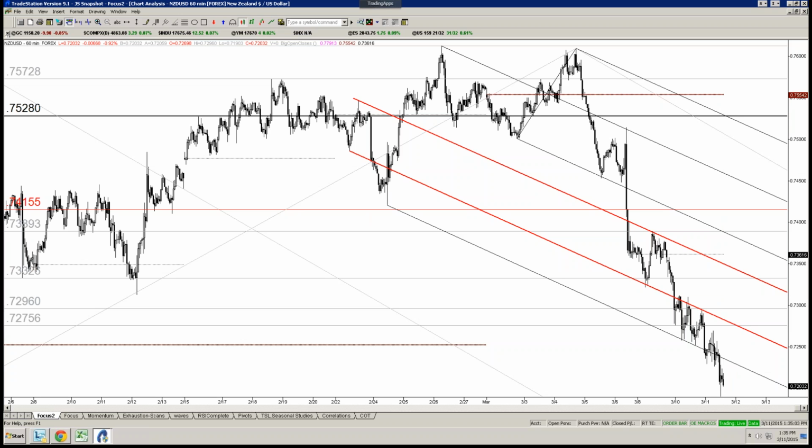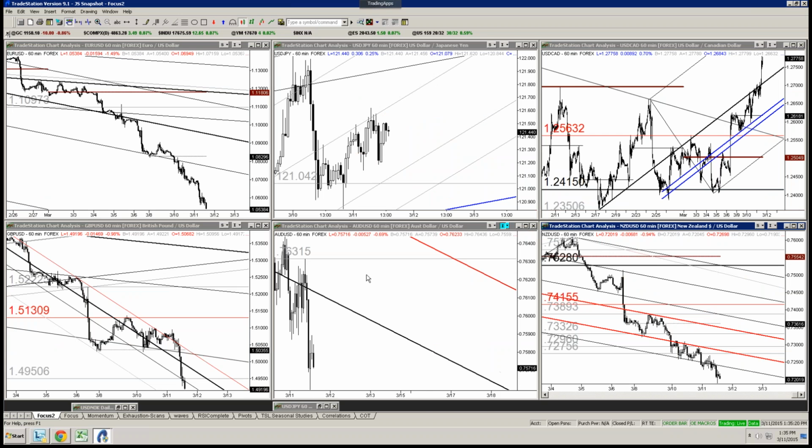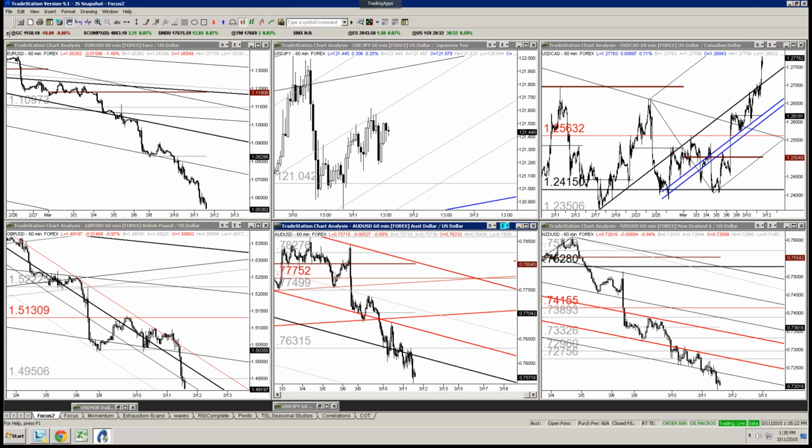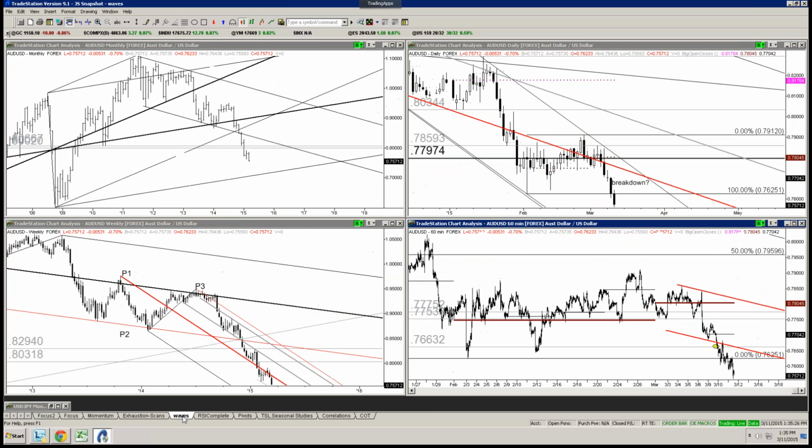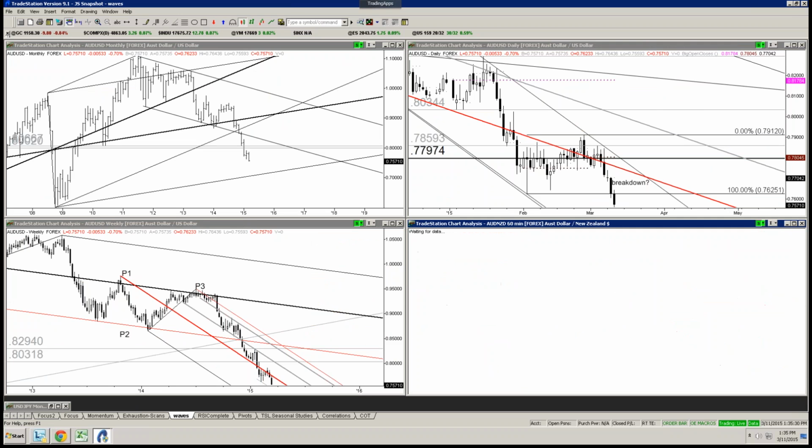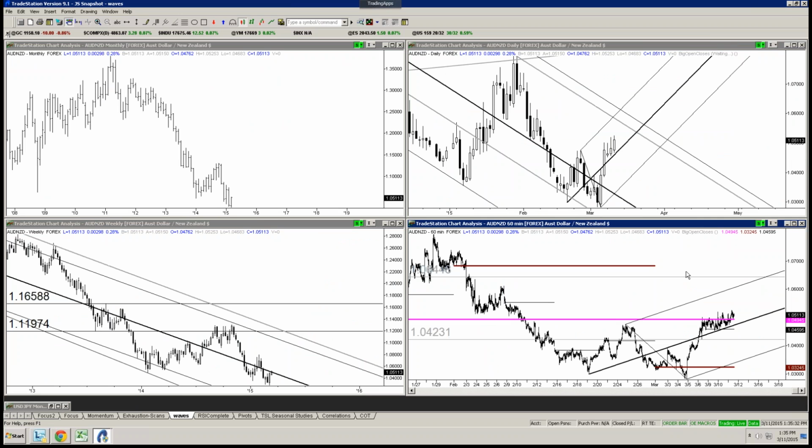Okay. Personally, I like the Kiwi yen trade, or Kiwi to the downside, better than Aussie to the downside, which is why I put the Kiwi yen trade in and not the Aussie yen trade, because Aussie Kiwi itself made a huge weekly reversal last week, right? Here's Aussie Kiwi.